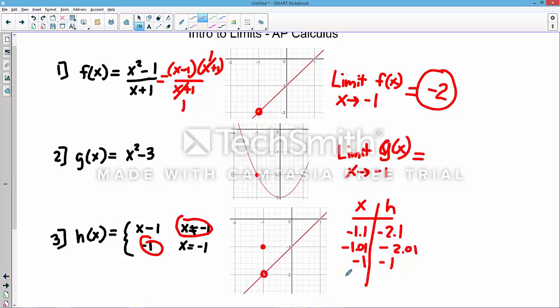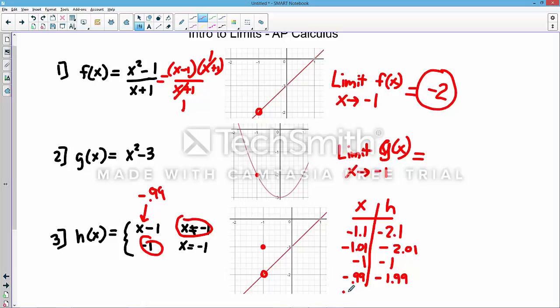But if I go just a little past it, right? Negative 0.99. If we plug in negative 0.99 for x, we get negative 0.99 minus 1, which is negative 1.99.